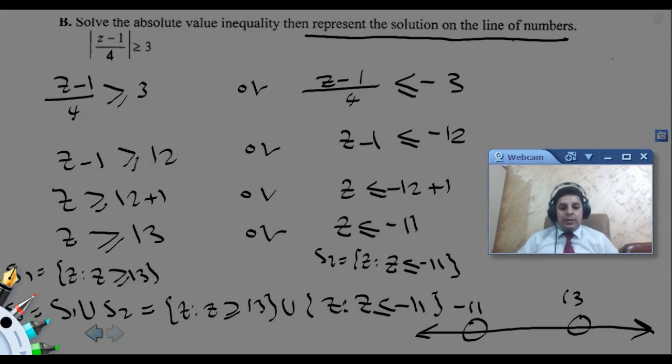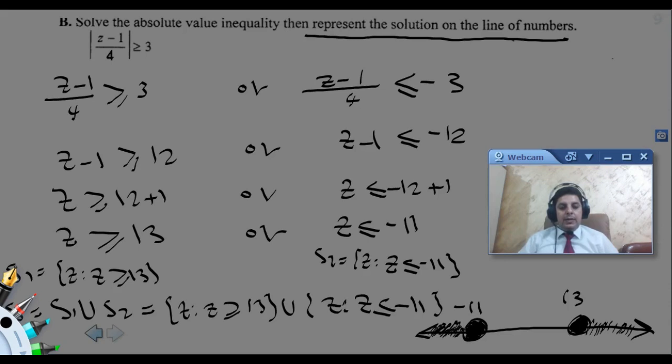Because that is OR, the solution is z less than negative 11 and z greater than 13. Because there is equality, we put a filled circle.